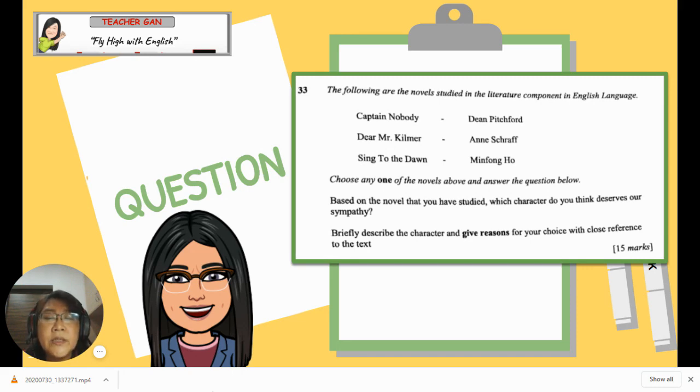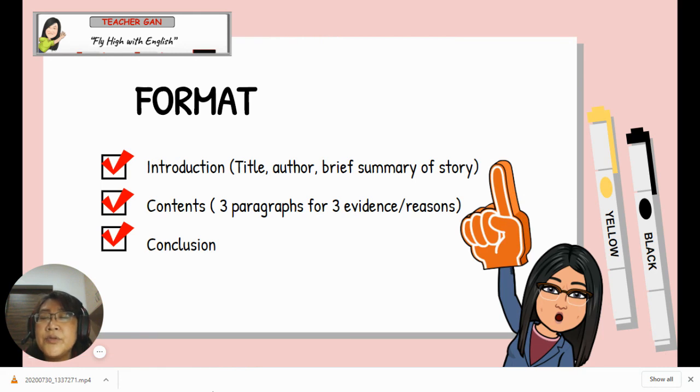Okay, so here you have to describe the character and then give reasons why you think that he or she deserves your sympathy. As usual, the format: you have to have an introduction where you mention the title of the novel you have studied, then the writer, and also a brief summary of the story.